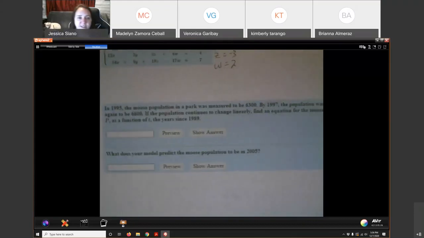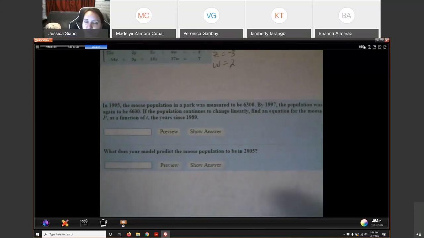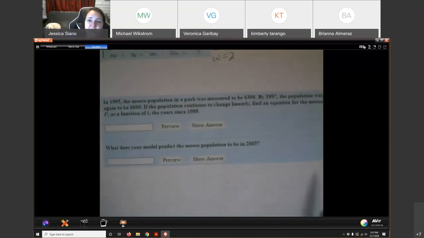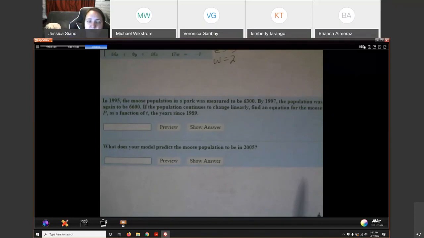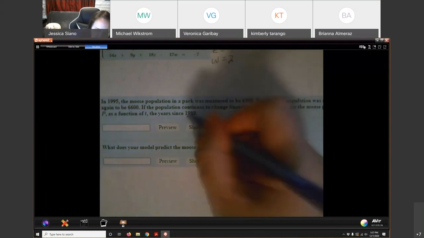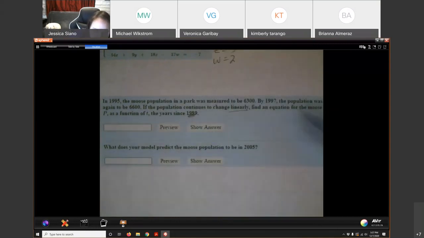Right. So for the next one, it says in 1995, the moose population in a park was measured to be 6,300. By 1997, the population was 6,600. If the population continues to change linearly, find an equation for the population T in years since 1989. That makes me mad. It's annoying because they gave you 95 and 97.